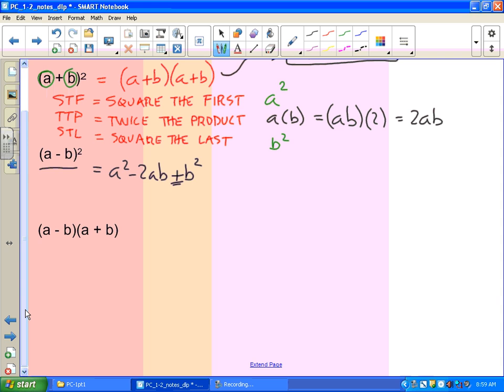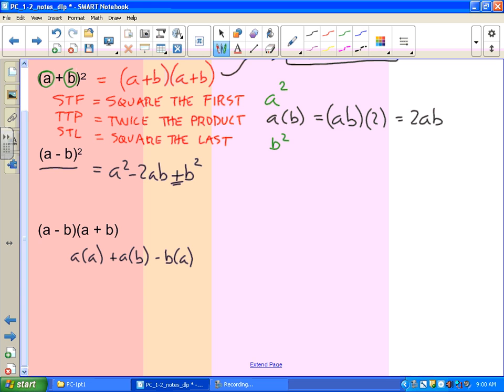This last one is the factored form for difference of two squares. And if I were to FOIL this one out, again, a times a times positive b. And then this next one I have negative b times a. Now a times b, b times a, it's commutative property of multiplication.